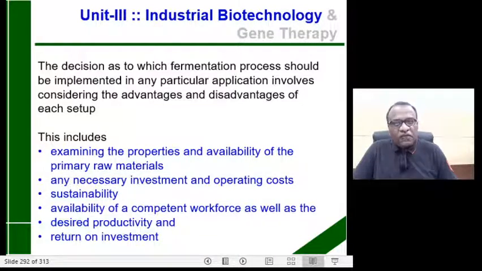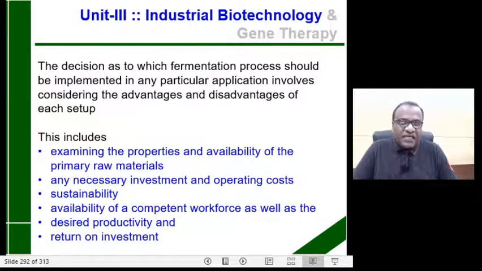Now, what type of fermentation process has to be implemented? The decision as to which fermentation process should be implemented for a particular application is dependent on considering the advantages and disadvantages of each setup. To highlight a few points that have to be considered before deciding: Number one, examining the properties and availability of the primary raw material.